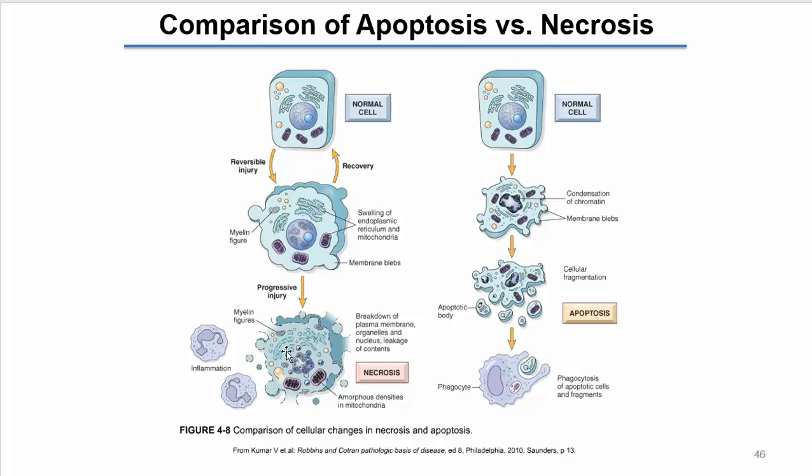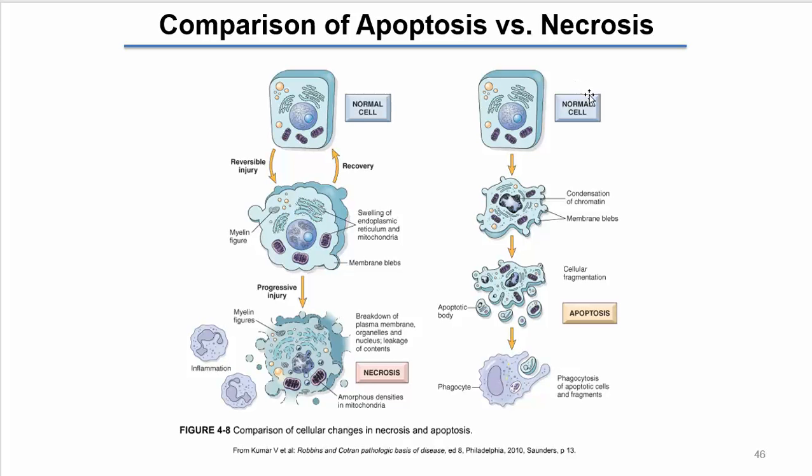All of the internal stuff is disrupted. The organelles are not good. The nucleus breaks apart. The contents leak out. It causes inflammation. That's necrosis. Who knows at what point this reversible injury becomes the irreversible injury, but it goes to necrosis.